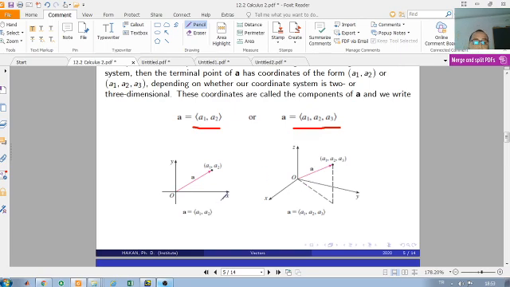You see, the components of the vector a in two and three dimensions are actually the components of the terminal point of this vector if its initial point is the origin, you see.